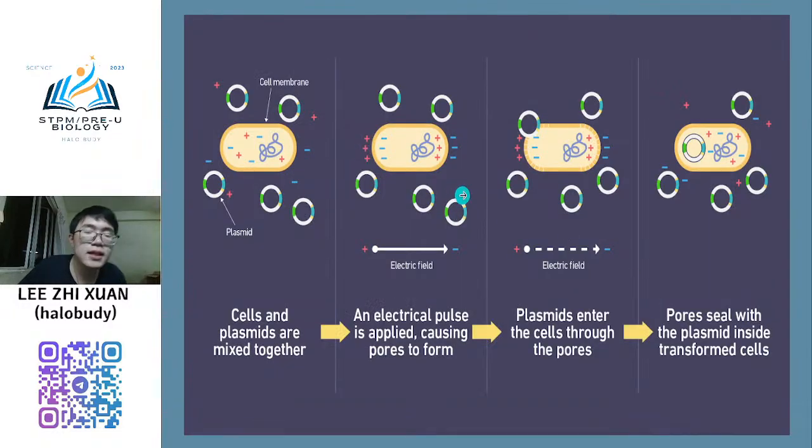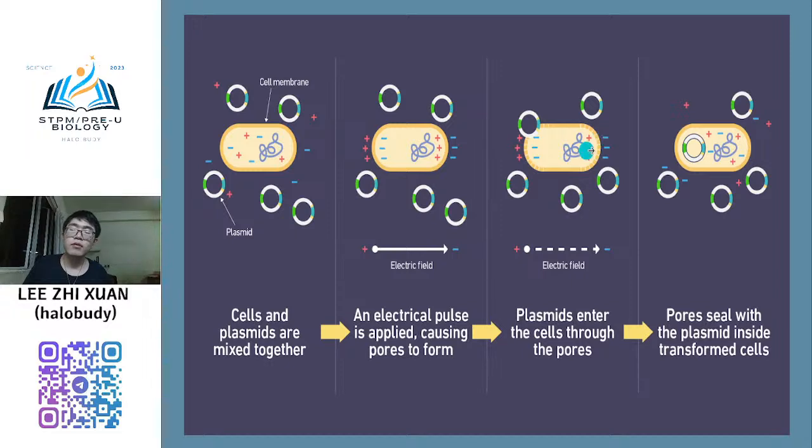Okay, this one is using the electrical method. Normally this one is easier compared to chemical because you don't need to use chemicals, you just directly use an electrical shock, high electricity in a very short time.